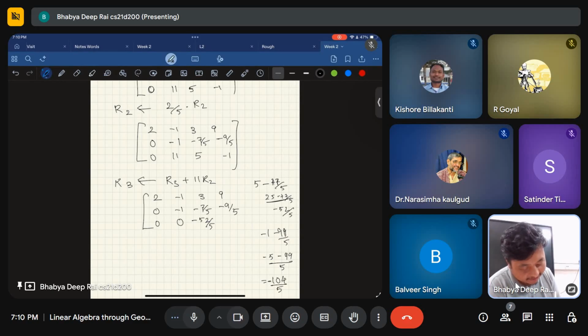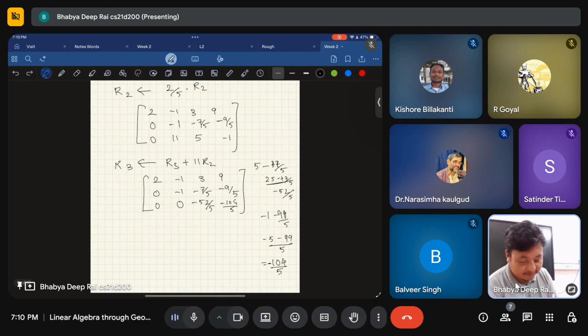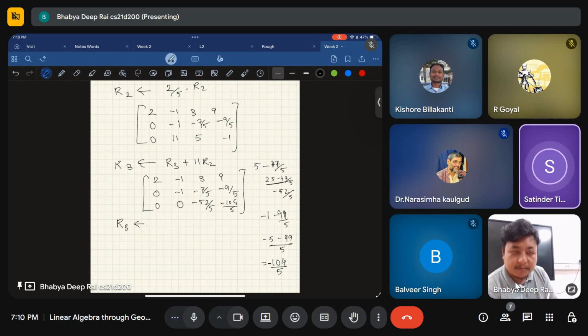Yes, now it's correct, because this is twice this, no? So if you actually continue Gaussian elimination, you need to bring this to 1. Okay. But we can do that also. Now what I'll do is I'll multiply this expression by 5 times minus 2. Okay. In R3 directly it is coming out to be 2 only. If you equate, then directly it is coming out.